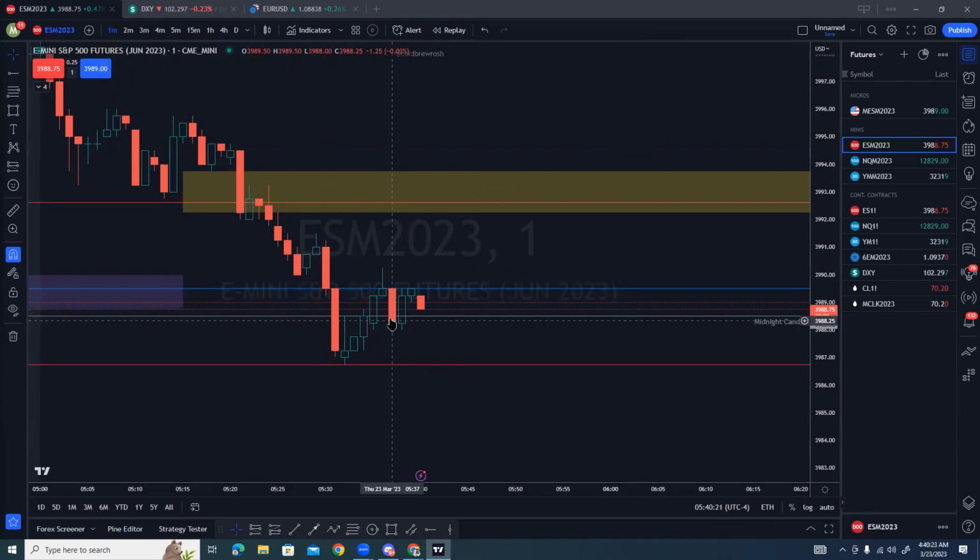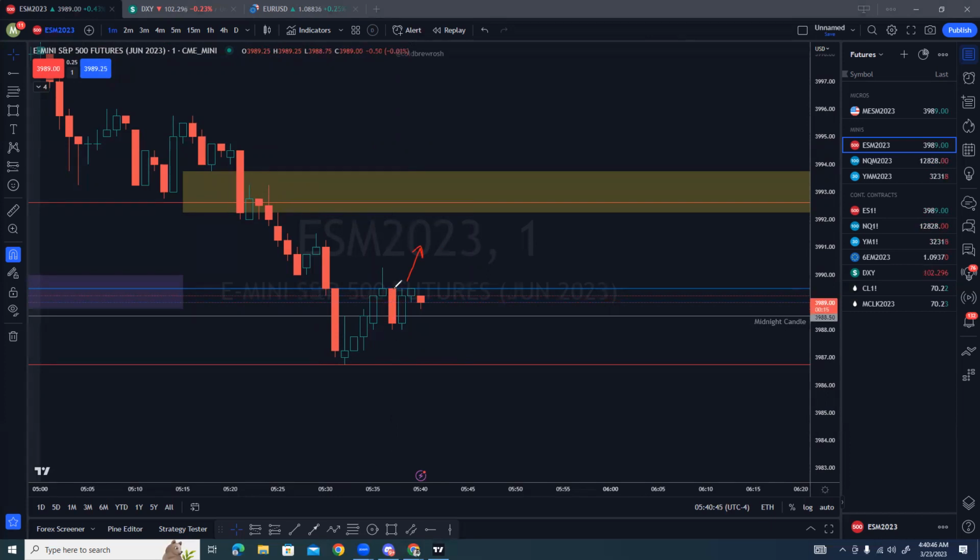This one, not yet, because we want to see it make a new high. So right now it's just a down candle. It's just a red candle, a little pullback.